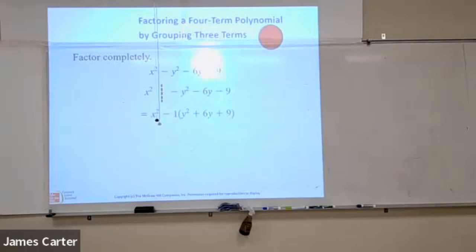Can we factor that? Perfect square on the front, perfect square on the back. That one's going to be y +3, y +3. So I've got this 6 square minus hidden 1 times that factored parentheses.